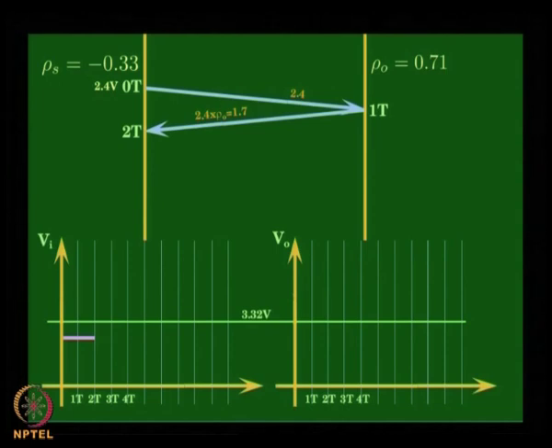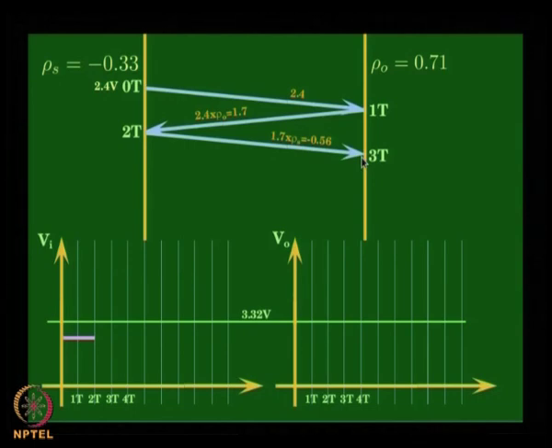The source side and the wave impedance do not match. So, therefore, it further gets re-reflected, but now with a reflection coefficient rho s, which is the source side reflection coefficient. So, 1.7 into rho s, rho s was minus 0.33, it becomes minus 0.56. Now, that is reaching at 3 t at this point.